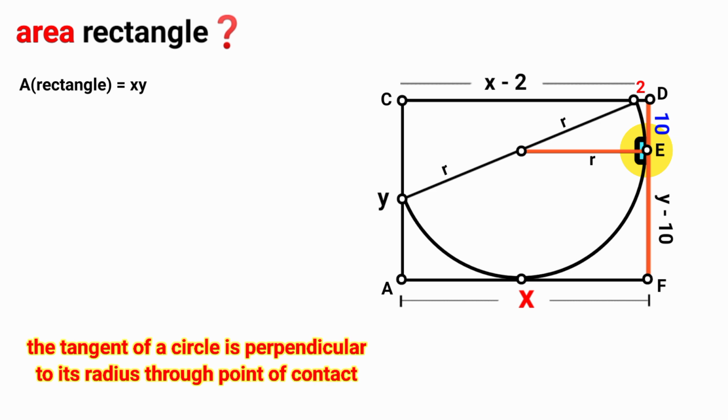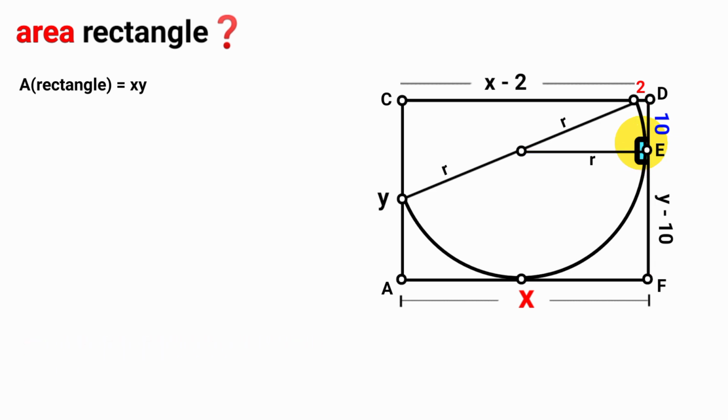So it is a right angle. Now come here, draw a line from this point parallel to this line here down to this radius. This angle is a right angle because it is an angle of a rectangle. Since this side is parallel to this, which is perpendicular to this, it must also be perpendicular with this.